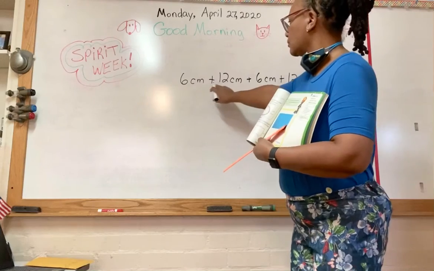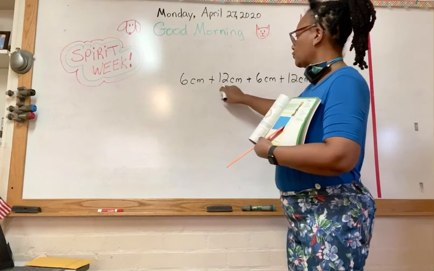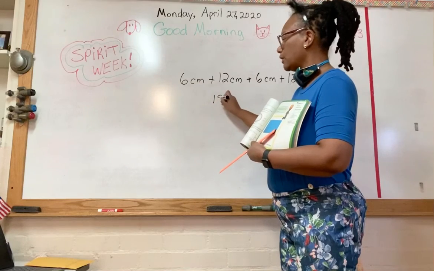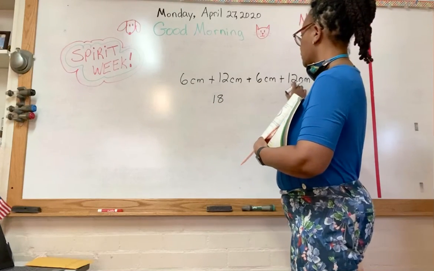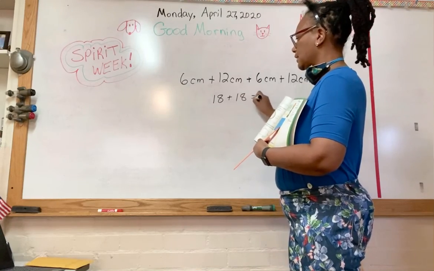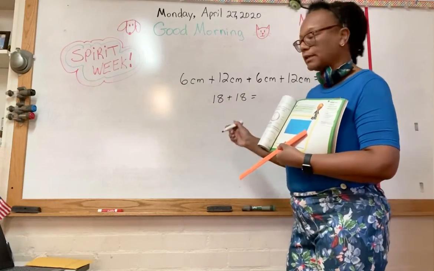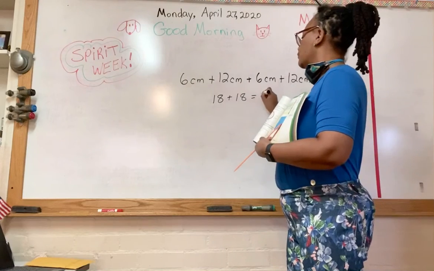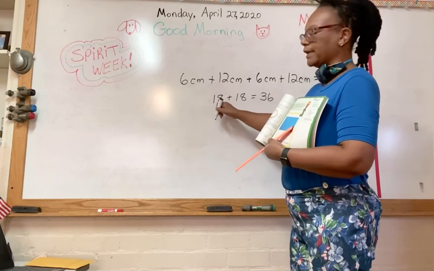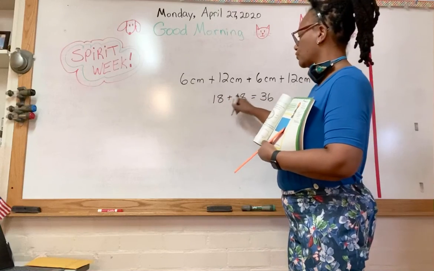So 6 plus 12 is what? 18. So 6 plus 12 again is 18. And 18 plus 18 is what? 36. Because 8 plus 8, 16, carry the 1, 2, 3.